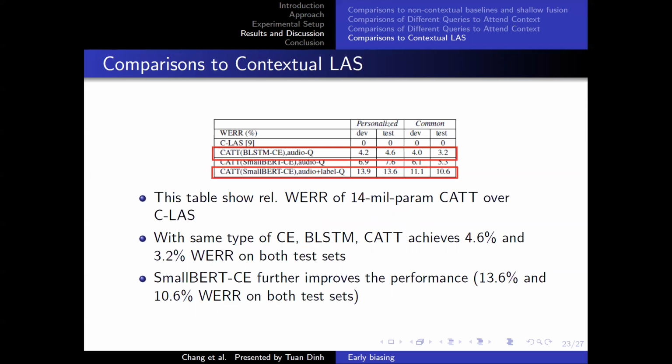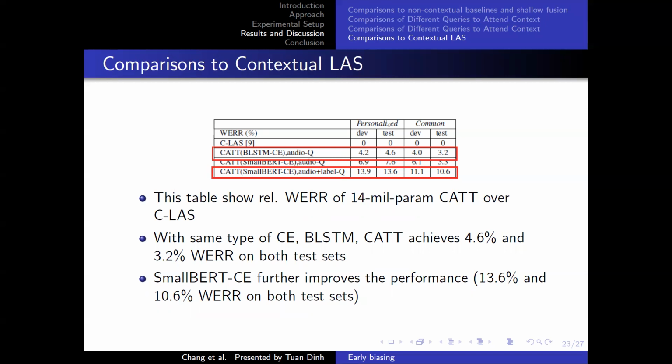In the last evaluation, CAT was compared to contextual LAS, or CLAS. The table shows the word error rate reduction over CLAS for the 14 million parameter baseline transformer transducer.